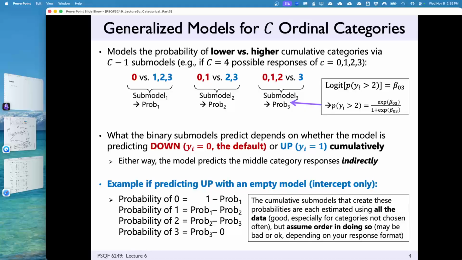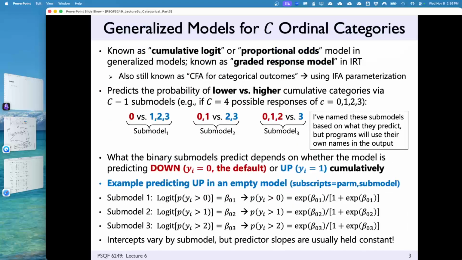But in the case of the intercept, the probability of a 0 is really 1, because you can't respond below a 0, minus the probability of being at 1 or greater.